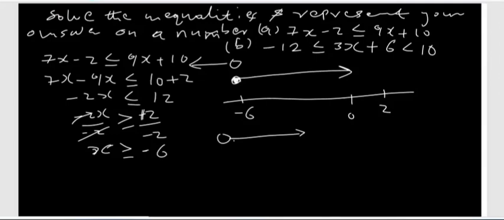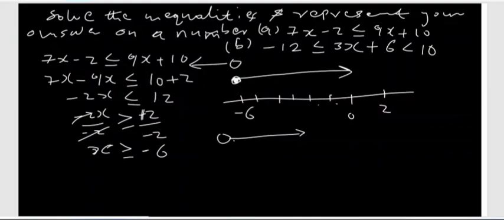Remember that this is minus 6. Here is maybe 0, 1, 2, 3, 4, 5. So look at it, here is minus 6. All these ones are labeled.